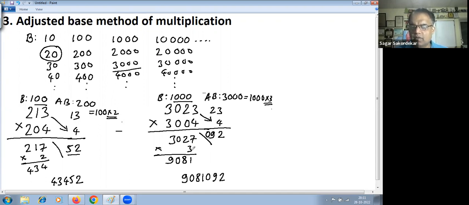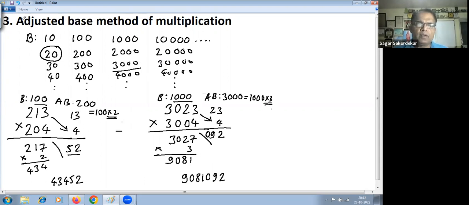Part, just confirm whether you understood. Maybe you multiplied something else. Multiplied by 4. Okay, so this was adjusted base method of multiplication, which you have to use when number is near to multiple of base.